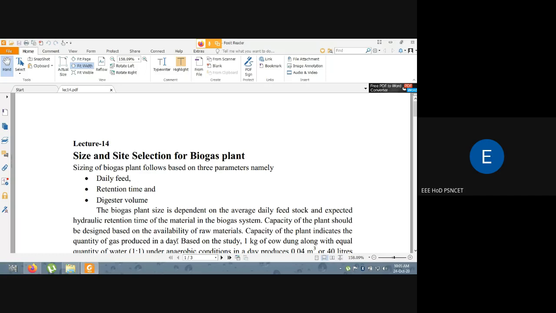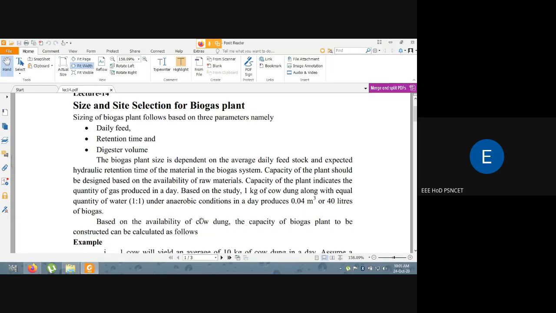Okay, CH4. Based on the study, 1 kilogram of cow dung along with an equal quantity of water, under anaerobic condition, can produce 40 liters of biogas.